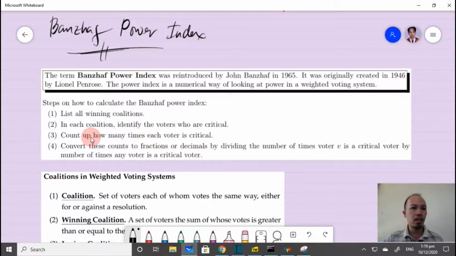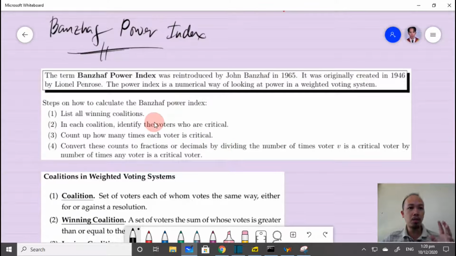The third step is to count up how many times each voter is critical. The last one is to convert these counts to fractions or decimals by dividing the number of times voter V is a critical voter by the number of times any voter is a critical voter. This is the formula for the Banzhaf power index.